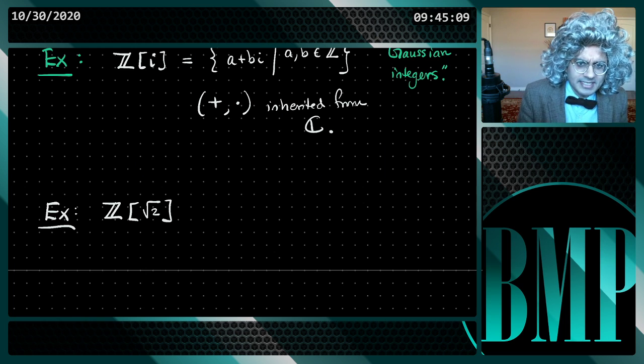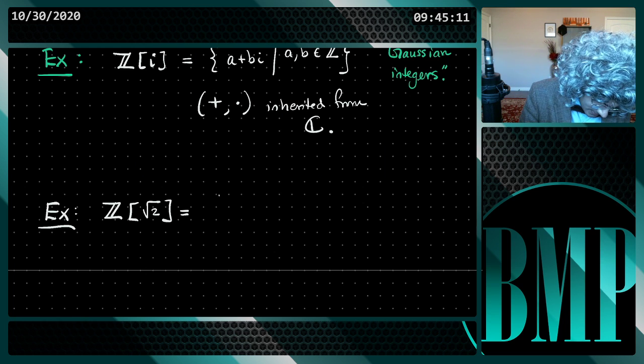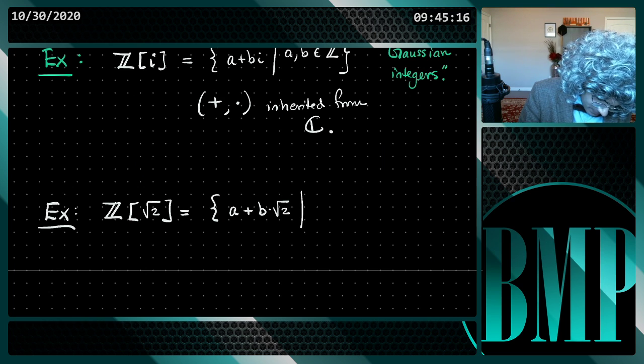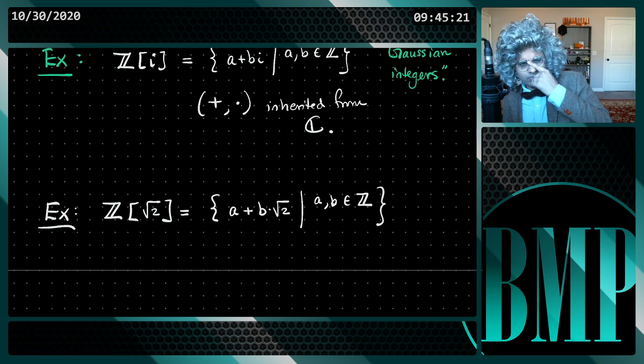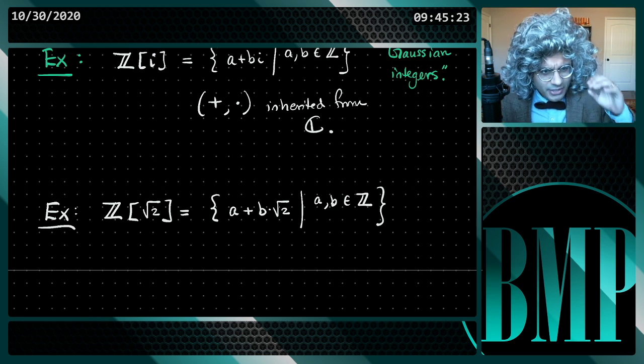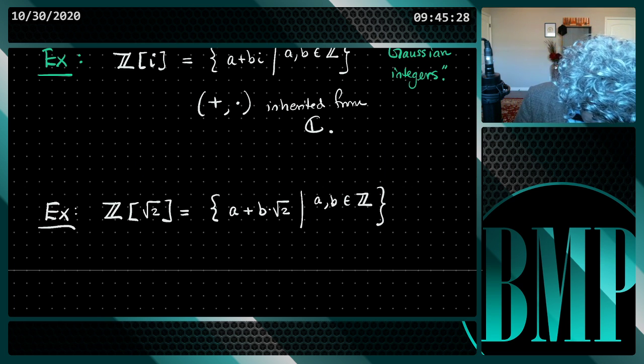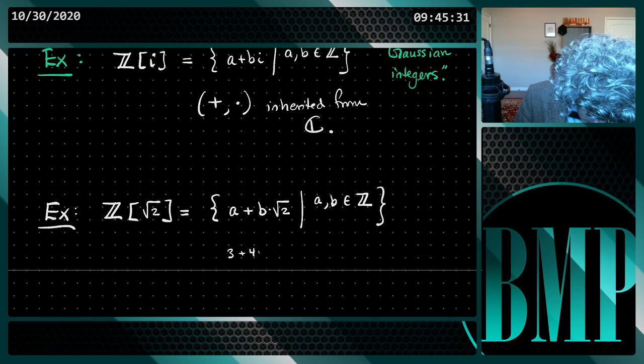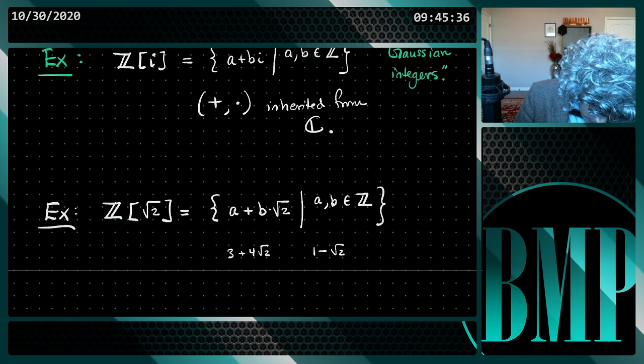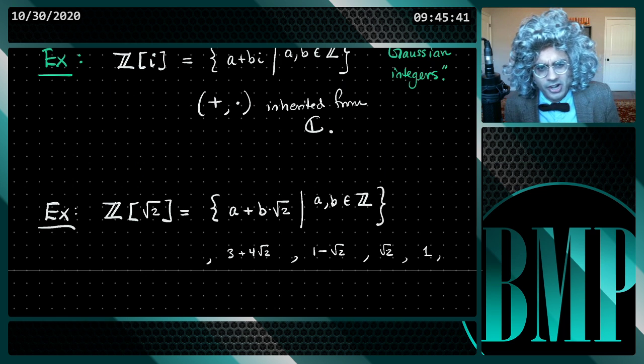I'm just gonna make up an example real fast. You take all the numbers of the form integer plus an integer times square root of 2. I'm just starting to list all of them. It's gonna take too long to list them all, so I'll stop.